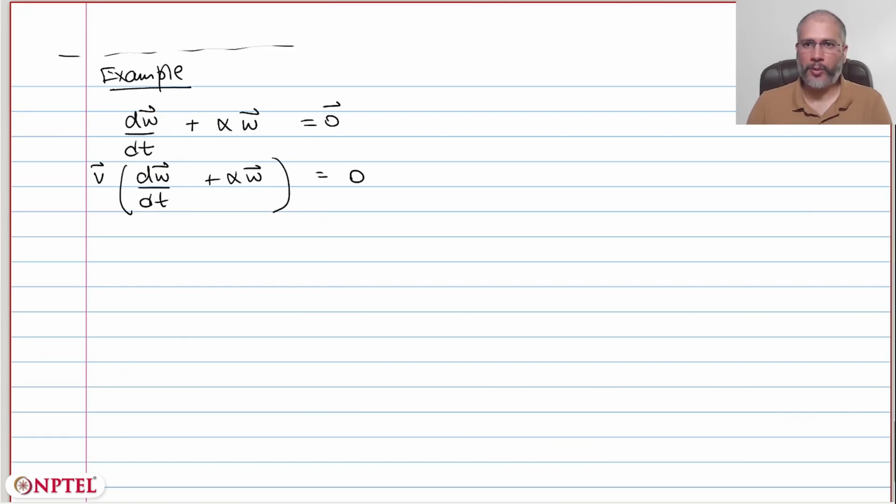And when I move that v inside, what we'll get is d. Let's say v is not a function of time, so this becomes d of v times w upon dt. Now this v times w is nothing but the dyad of the vectors v and w plus alpha vw, because we multiplied from the left, so it becomes a dyad like this. And now it may happen that we take a dot product on the left hand side with a vector u.